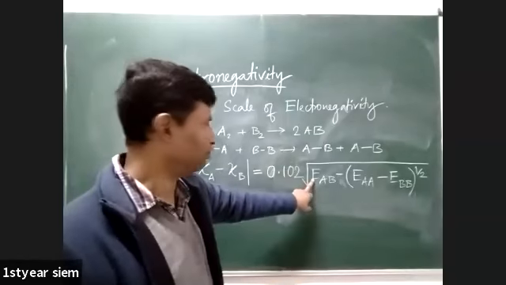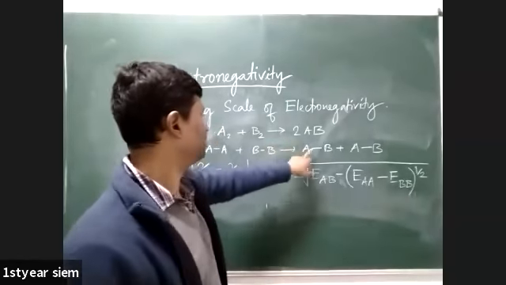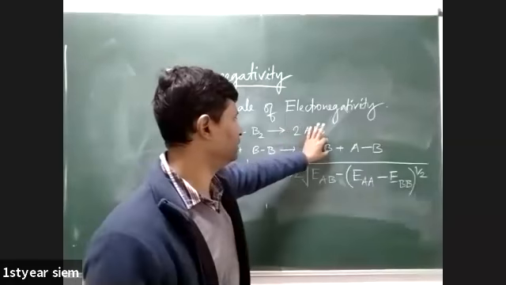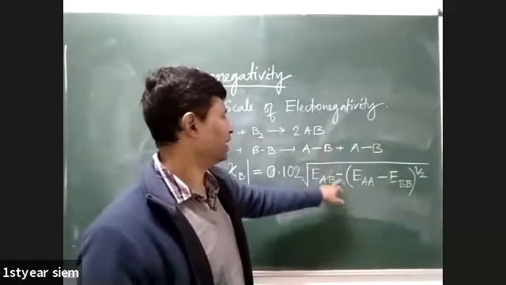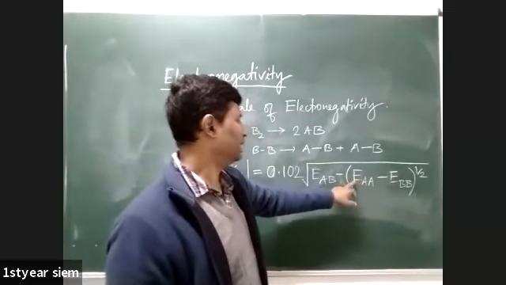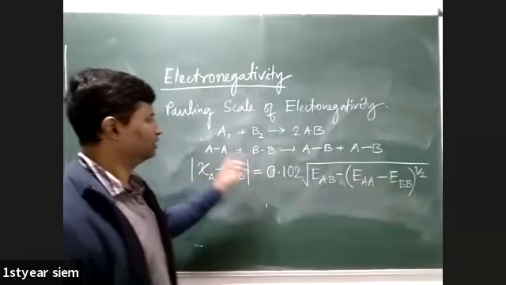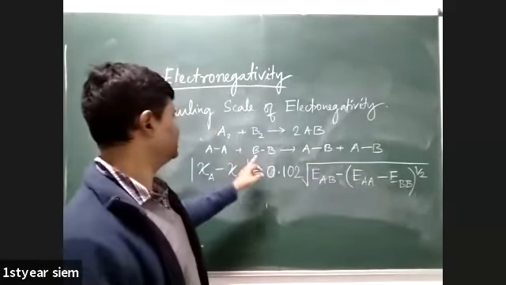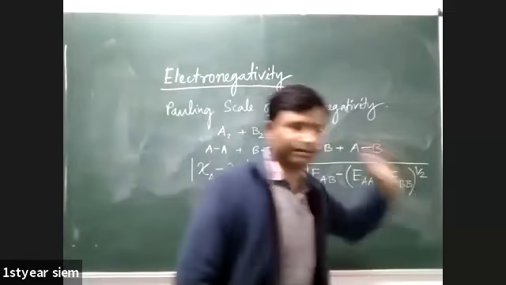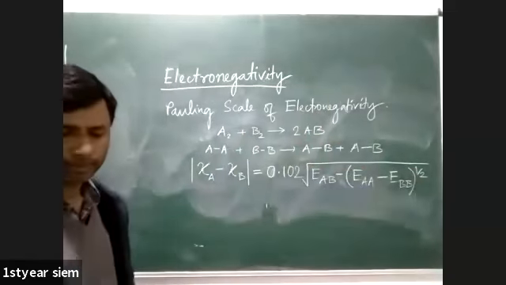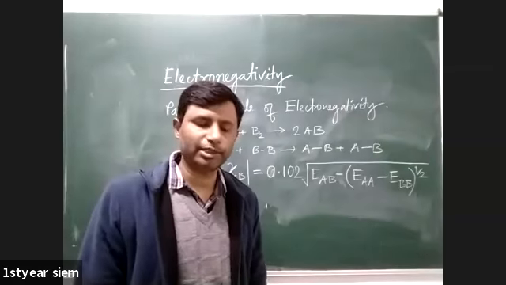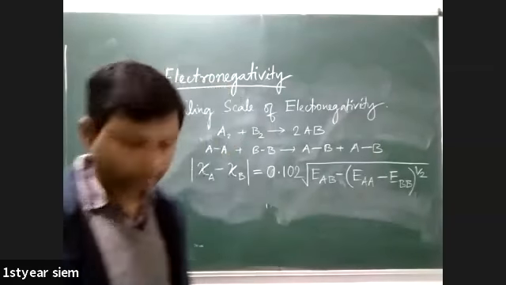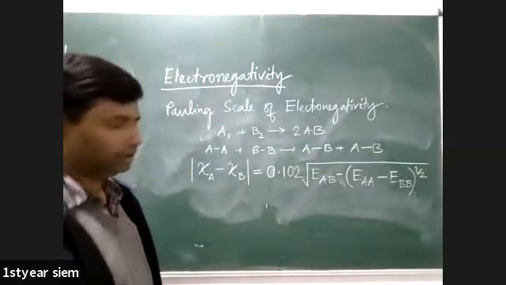E means bond energy: the bond energy of the AB molecule, the bond between A and B, minus the bond energy of AA and the bond energy of BB, to the power half. That means the Pauling scale calculates the electronegativity from the bond energy of the molecule. That is the Pauling scale.